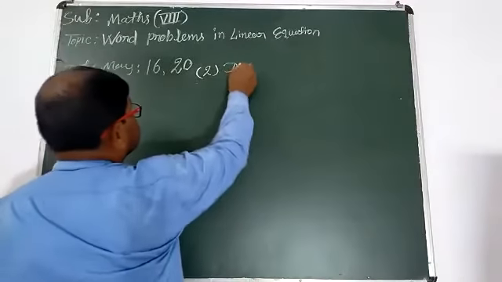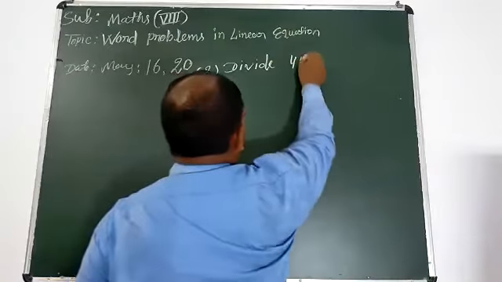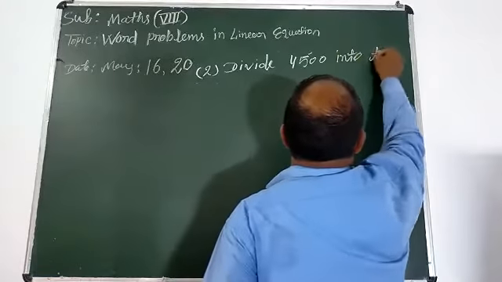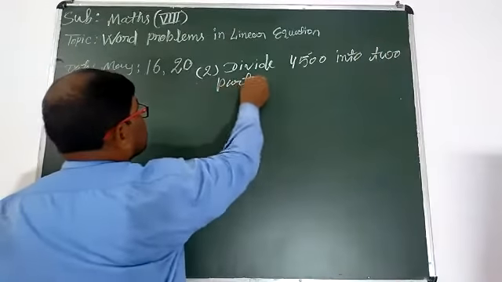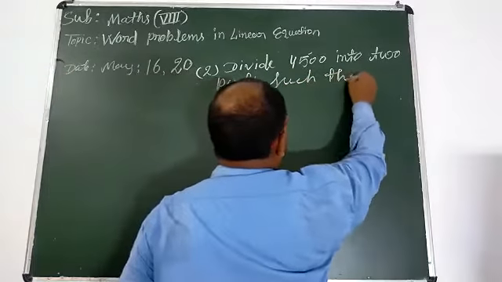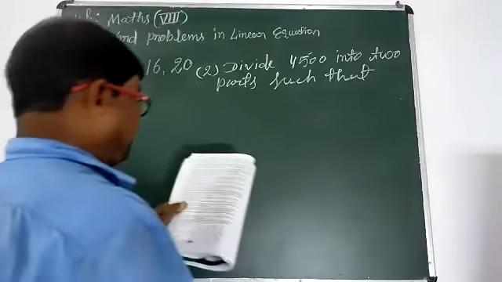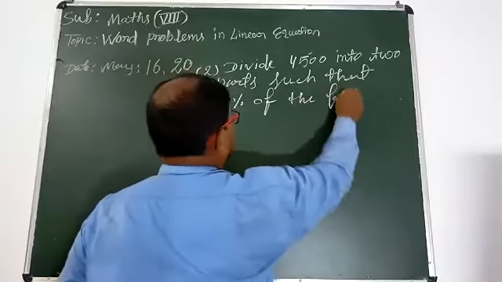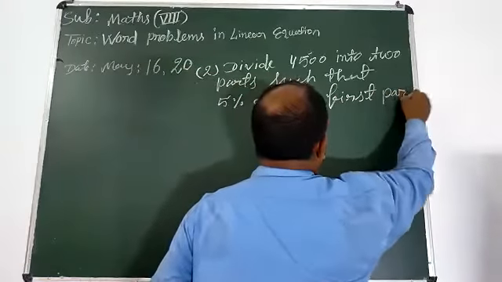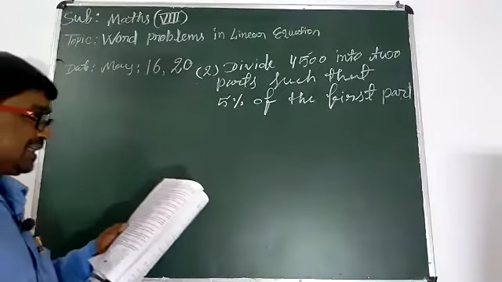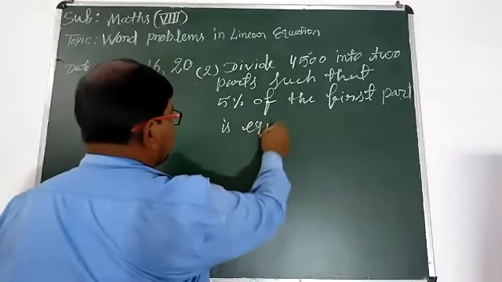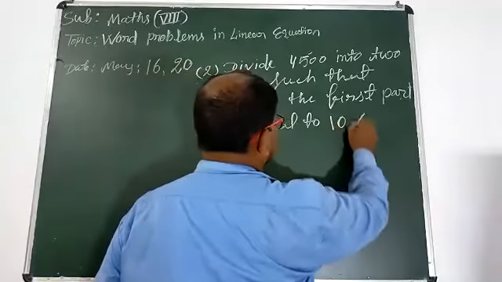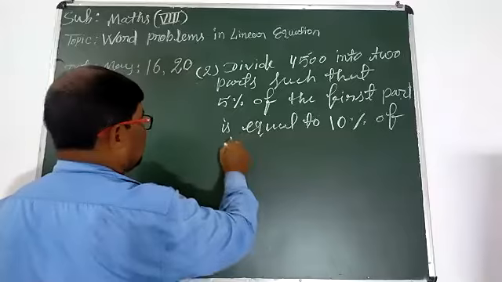Divide 4,500 into two parts such that 5% of the first part is equal to 10% of the second part.